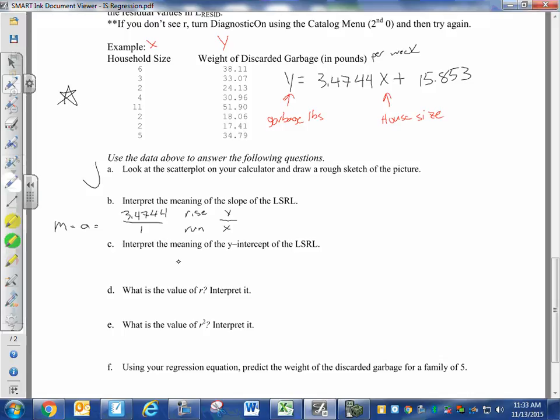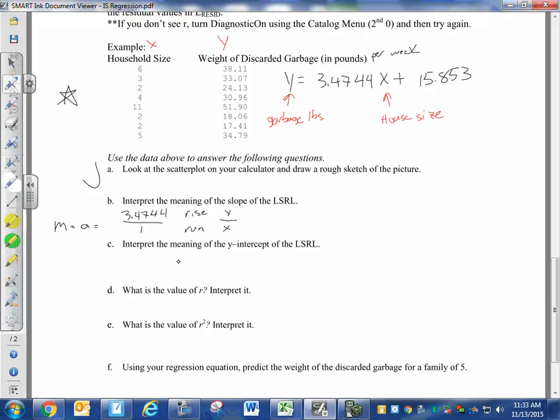That's slope, right? Change in y over change in x. That means for every 1 increase in my x, I will increase by 3.4744 in my y. Instead of using x's and y's, you can change that into garbage and house size. So go ahead and write that statement down, not using x and y, but using garbage and house size.